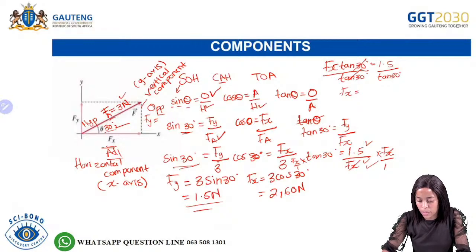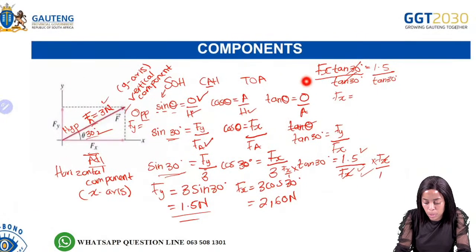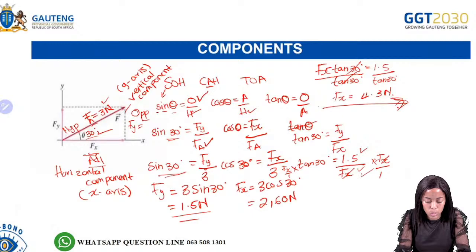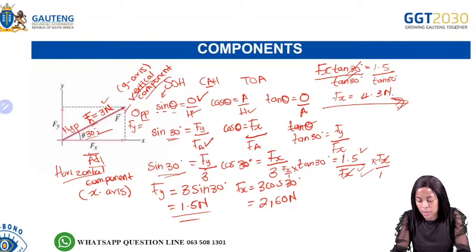So you have about 4,3 Newton. So I just wanted to emphasize the horizontal component, and also emphasize the vertical component.